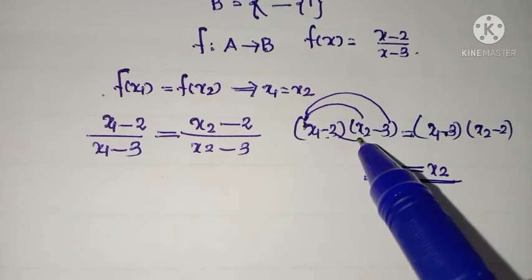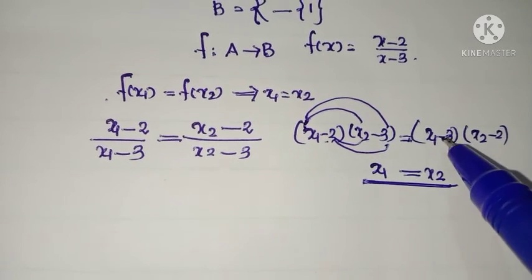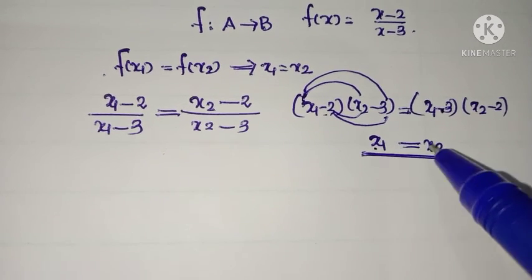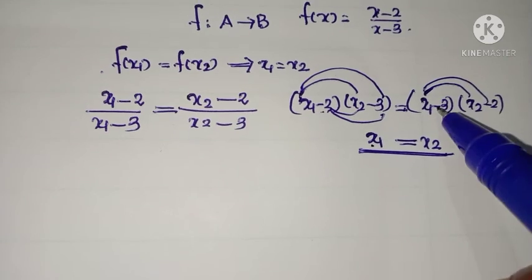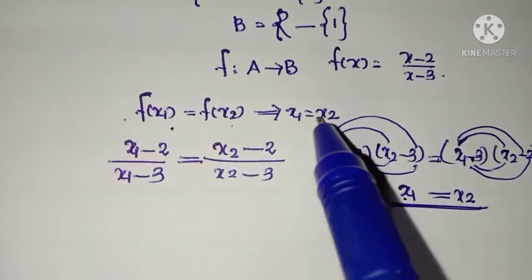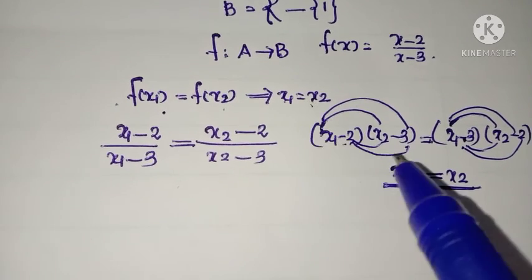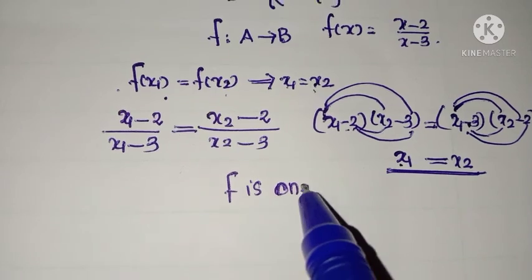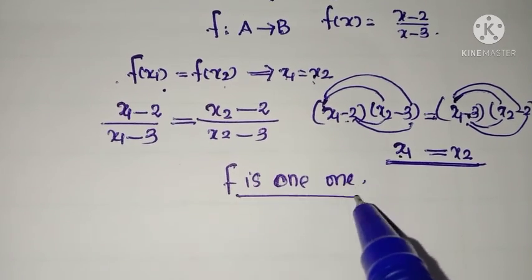You can see some terms cancel. Finally, we receive the result x1 equal to x2. So, f of x1 equal to f of x2 implies x1 equal to x2. That is, f is one-one. Okay, f is one-one.